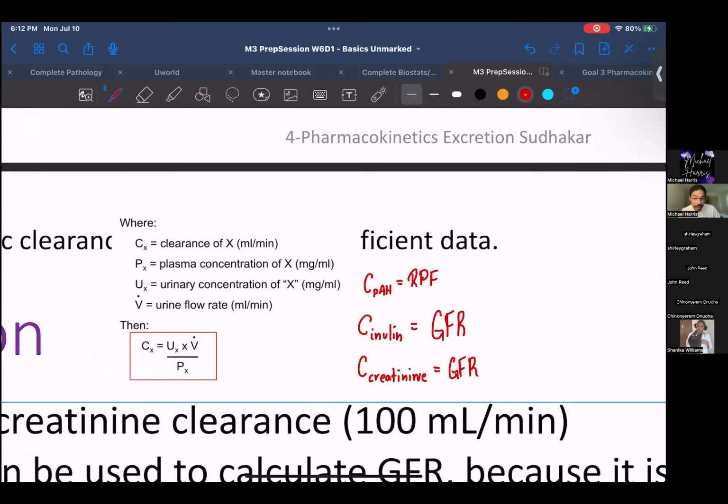It's the same thing. When you did back in renal, you looked at how much of a drug or how much of a body enzyme or byproduct ends up in the urine from the blood. That's essentially what you did.